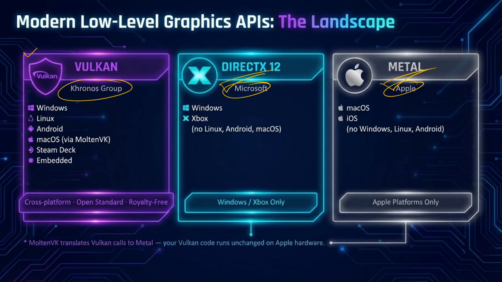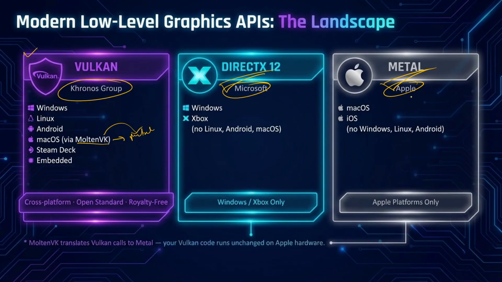How does it run on Apple? There is an implementation called MoltenVK. It takes Vulkan API calls and converts them into the Metal API. That is how Vulkan runs on Apple using Apple's Metal API.